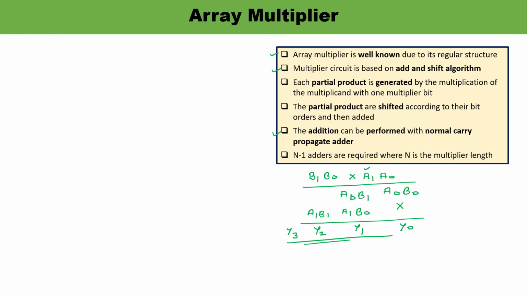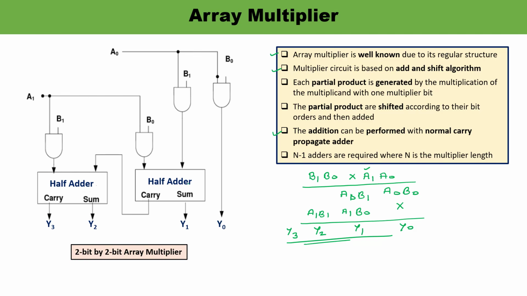For this example, you can see in this circuit a 2-bit by 2-bit array multiplier. Now observe for the first stage, A0, B0: which logic gate is going to be used? You are aware of the basic logic gates: AND, OR, NOT. For multiplication, if the two bits are 1, then the output will be 1, otherwise it will produce 0.